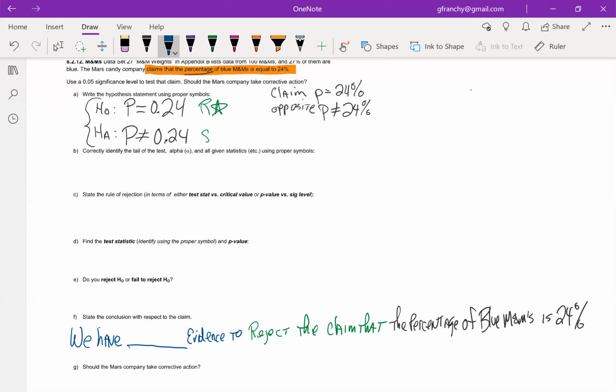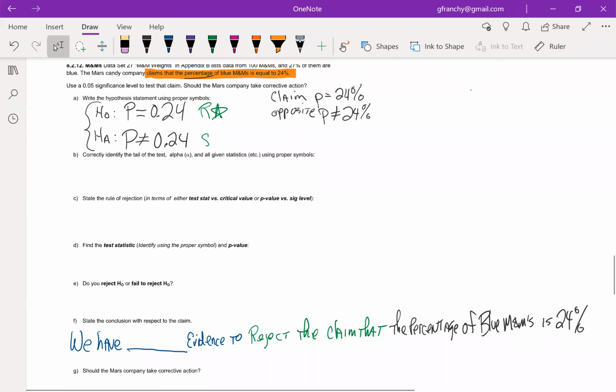We're going to find that out when we finish part E. But right now, writing the conclusion with respect to the claim, we're one word away from having that completely done. So for our tail of the test, we look at the alternate hypothesis, the inequality. That's a not equal. So this is a two-tail test.